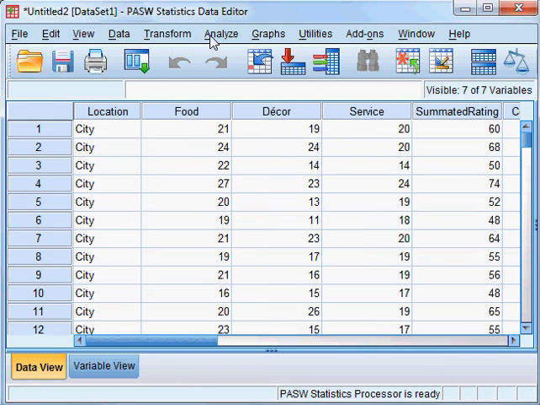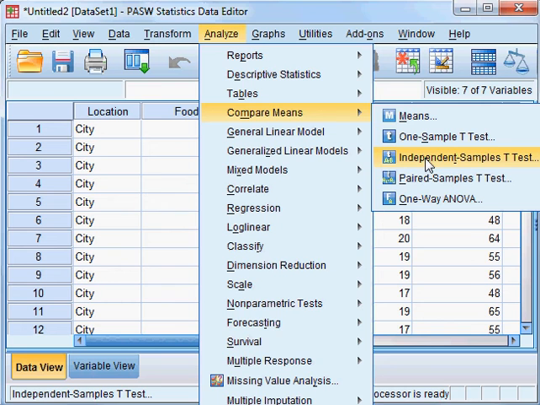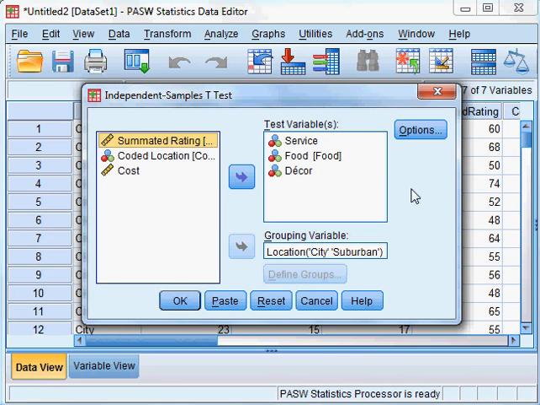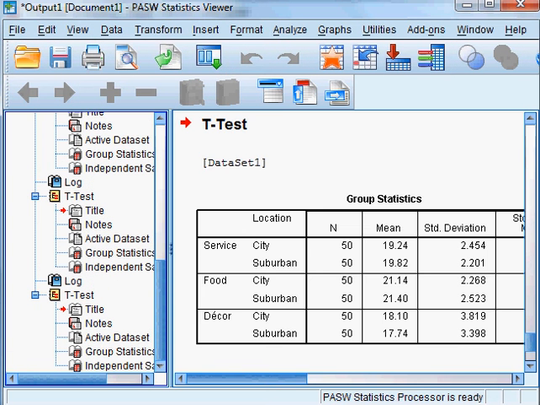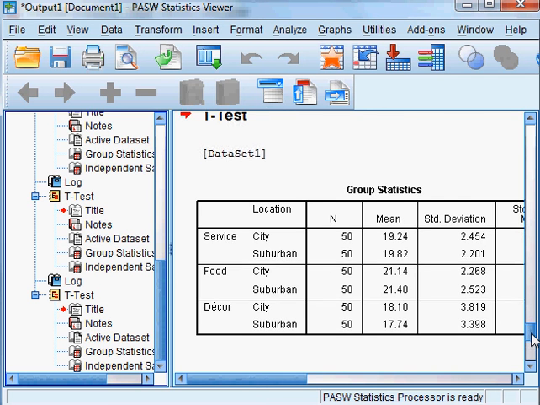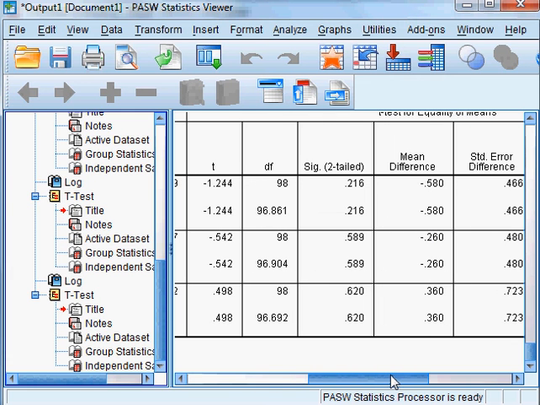We can just do compare means, independent samples t. So under the assumption of not equal variance, we would read off the bottom line. So for these, we have the same t-statistic.